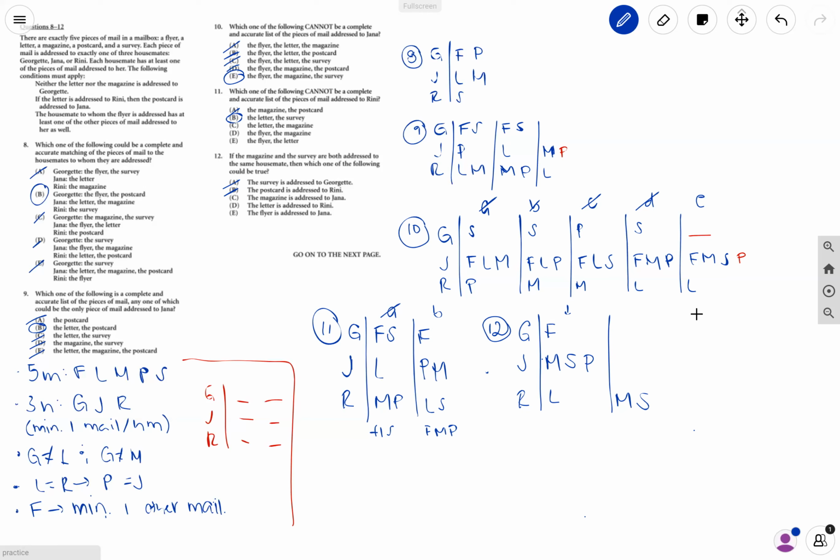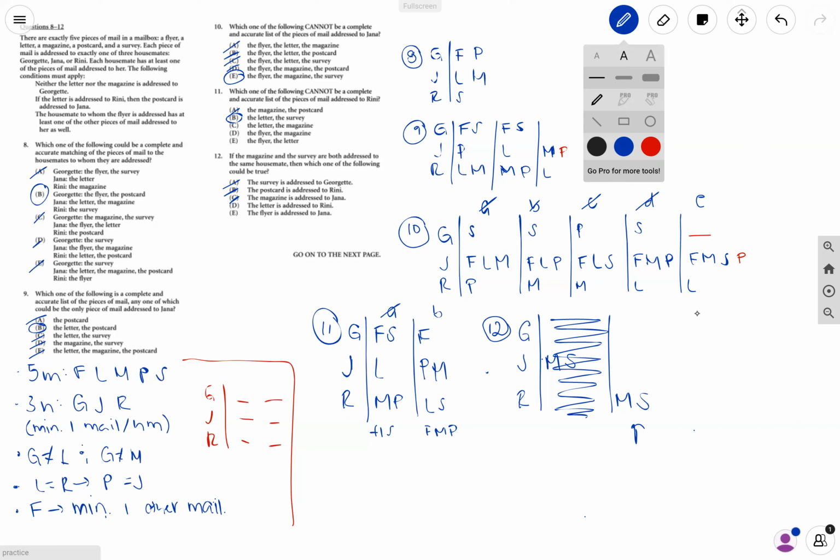But I have the same problem where G is assigned F, but nothing else. And I know that you have to have something else if you're assigned F. So C isn't right either. So if the magazine can't be addressed to Jana, then I can ignore this diagram over here and focus simply on this.